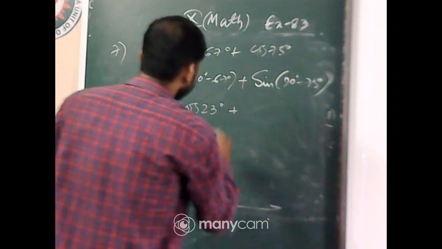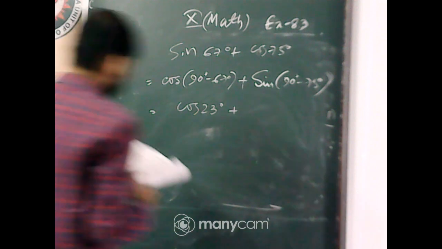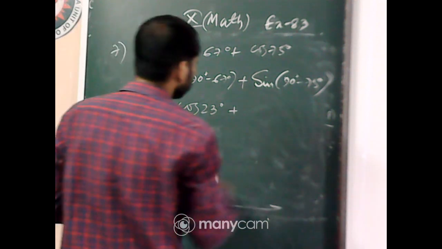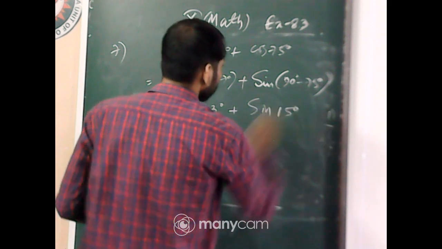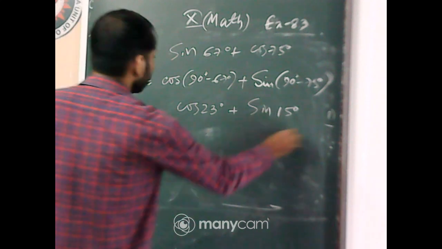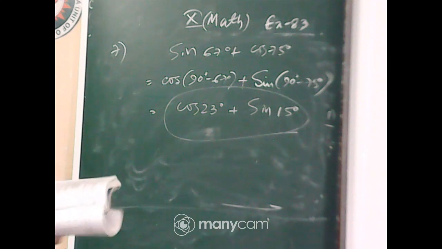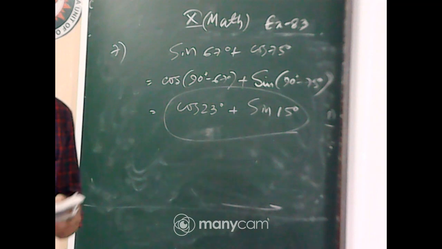You can see the angle 23 degree lies between 0 degree and 45 degree, which is required, and the second one sin 15 degree. 90 degree minus 75 degree, that is 15 degree. So both the angles are between 0 degree and 45 degree. So that's the question number 7, and with this the exercise is completed.